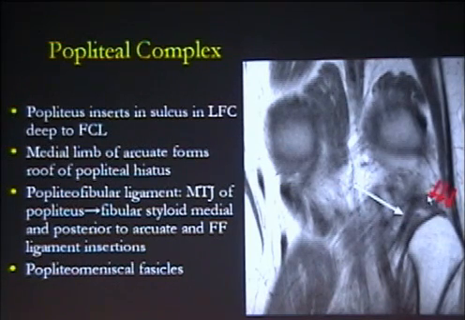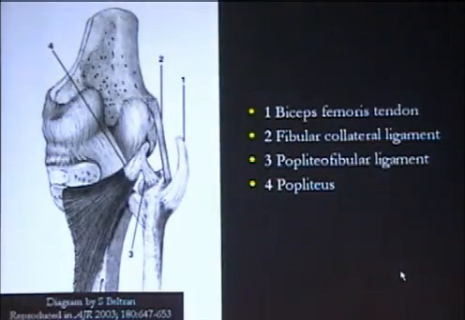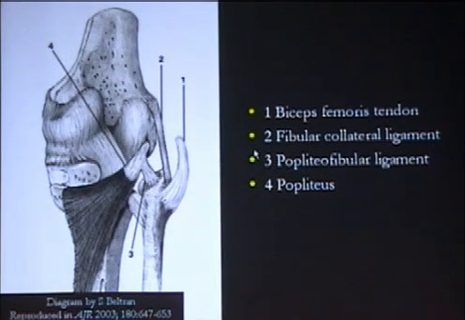Depending on your resolution and your magnet and your protocols, it can be seen. And it always looks like it comes off at almost 90 degrees to the popliteus tendon and comes right down here to the styloid process. Very important ligament.